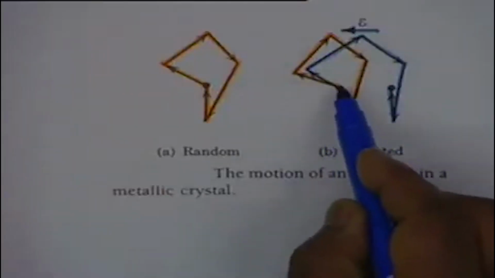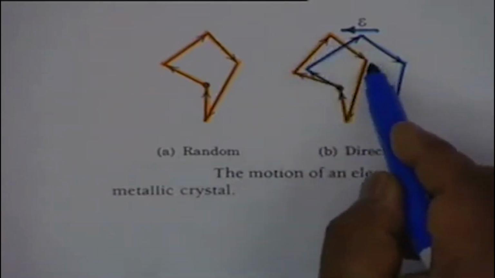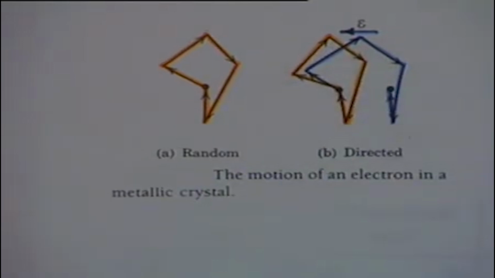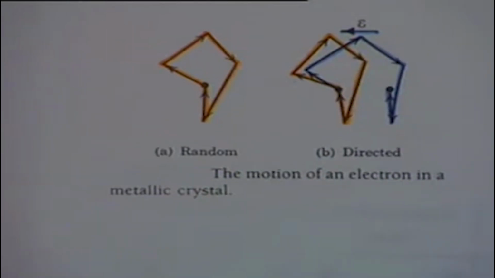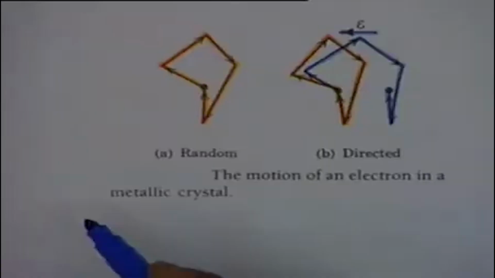Without electric field, the path is shown by this yellow line. With electric field, there is now a bias. There is a small velocity contributed by the electric field. Actually, the electric field contributes to an acceleration in the direction opposite to that of the electric field. The electric field is in this direction.